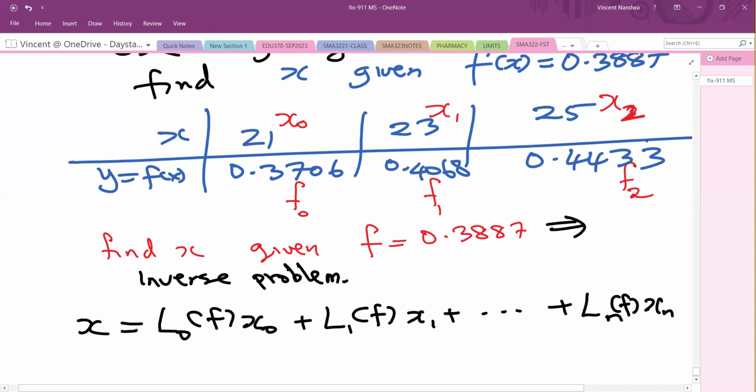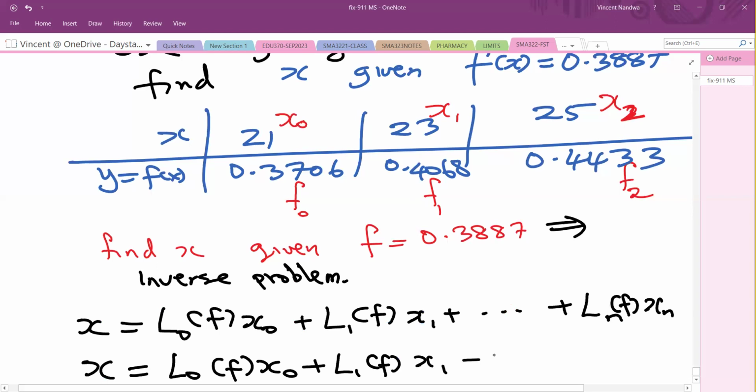But because we are only stopping at x2, f2, in our case we'll have L naught of f times x naught plus L1 of f times x1 plus L2 of f times x2.